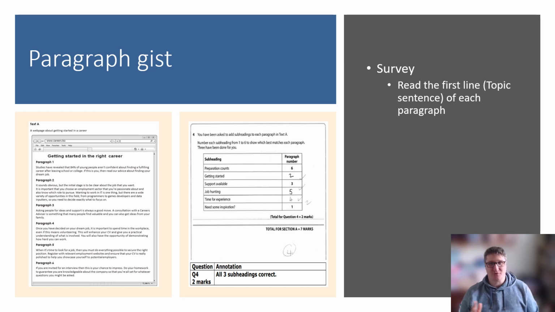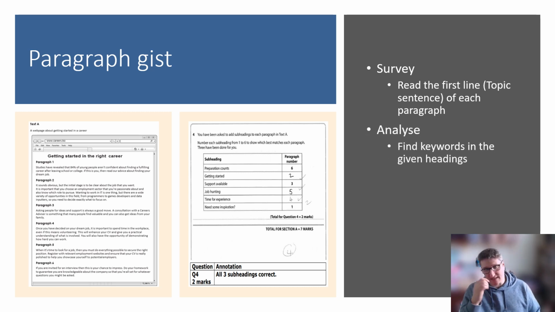You can't afford to throw any. The way you survey this is you read the first line, that is the topic sentence of each paragraph, and then you analyse. So you analyse the question, you find keywords in the given headings. So getting started, job hunting, time for experience.